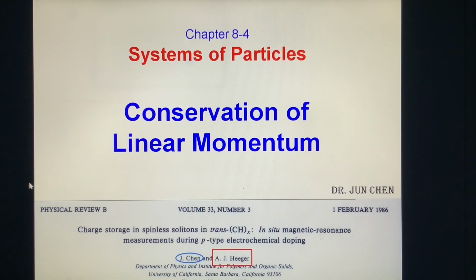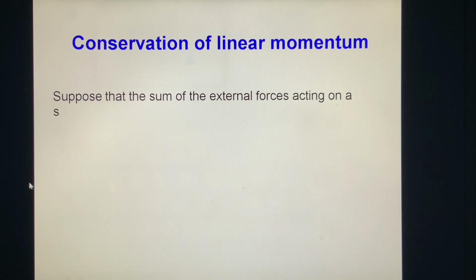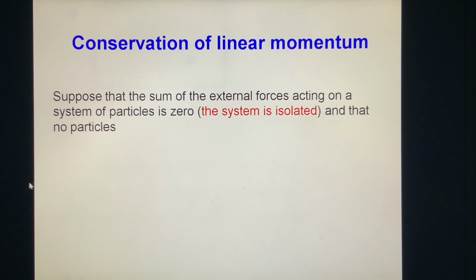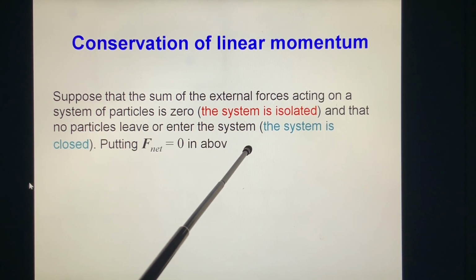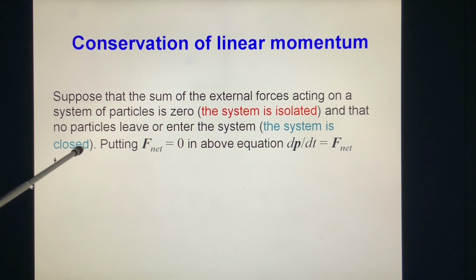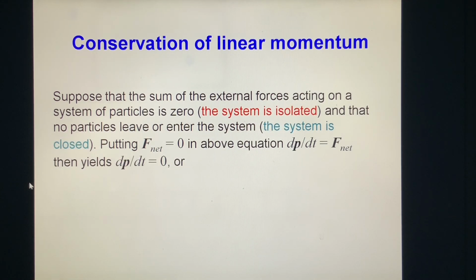Conservation of linear momentum. Suppose that the sum of the external forces acting on a system of particles is 0. The system is isolated. And no particle leaves or enters the system. The system is closed. That means isolated system, closed system.